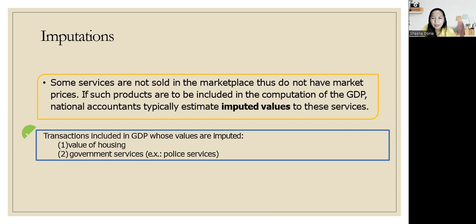However, homeowners do not pay themselves this rent. Okay. So, at the same time is yung government services. Kasi, for example, police officers, firefighters, senators provide services to the public. Assigning a value to these services is difficult because they are not sold in a marketplace and therefore do not have a market price. So, ibig sabihin nun, ini-estimate natin siya para masama natin siya sa GDP.